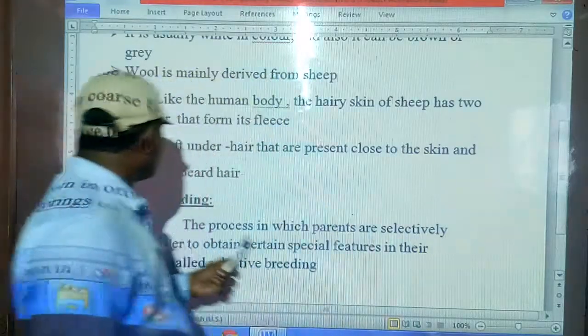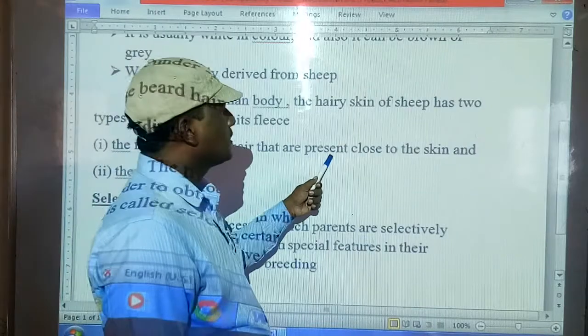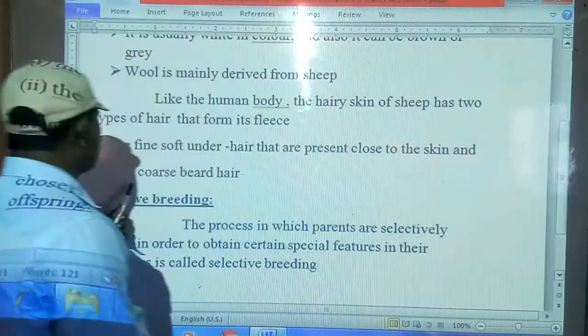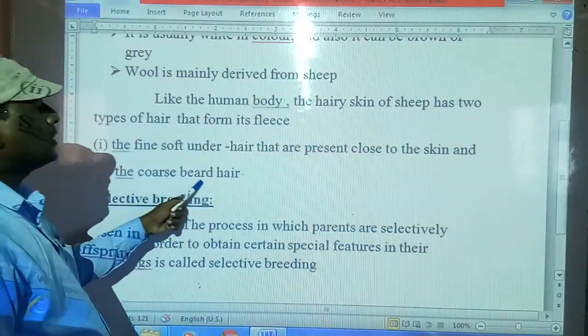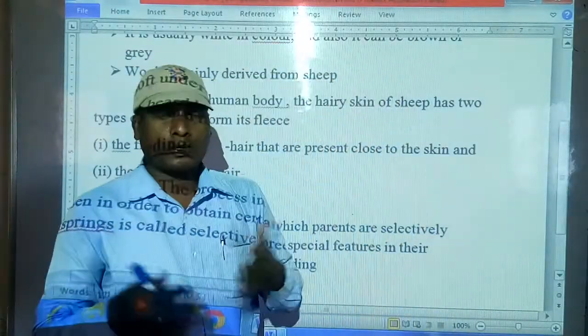One is the fine soft under hair that is present close to the skin, and the second one is the coarse beard hair.